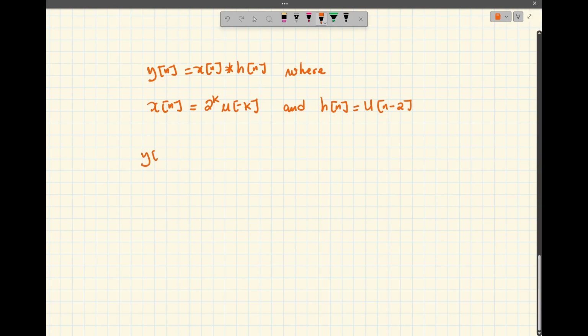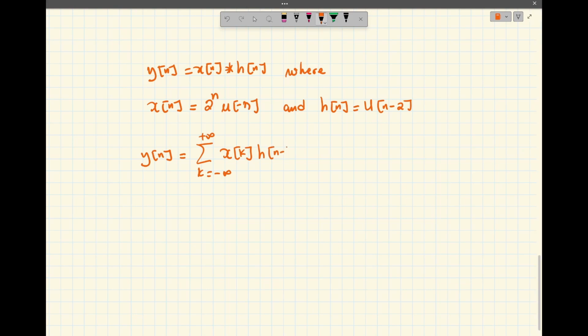So we have y of n, which is equal to the sum over k from negative infinity to plus infinity of x of k, h of n minus k.